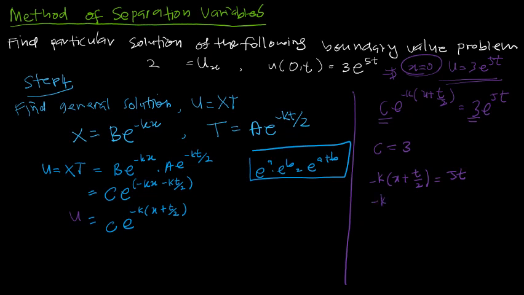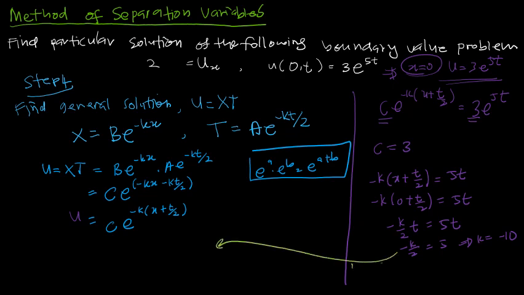So we get -k(0 + t/2) equal to 5t, where this one we get from the boundary value here. Since x is 0, we simplify and get -k/2 t equal to 5t. Then -k/2 equal to 5. So we will get the value of k equal to negative 10.